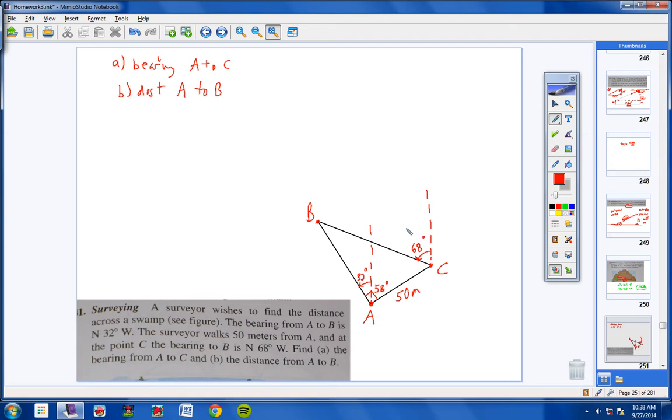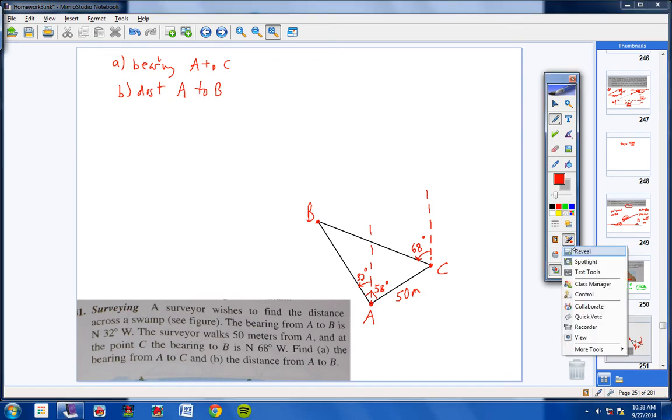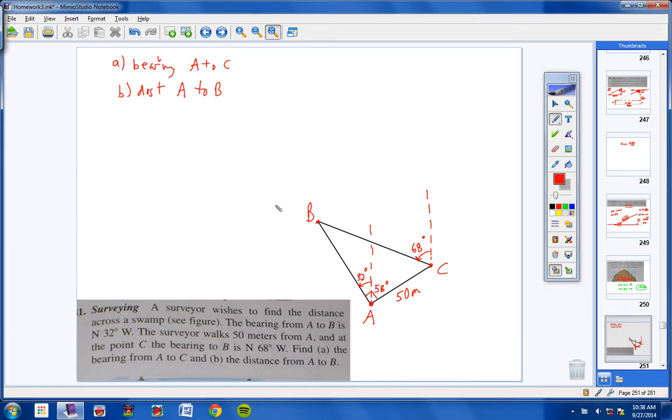Now let's go ahead and see what we have to do here. First of all, we've got a right triangle here. We've got to find the distance from A to B, okay? And then also find the bearing from A to C. Now students, finding the bearing from A to C is pretty simple to do, to be honest with you.